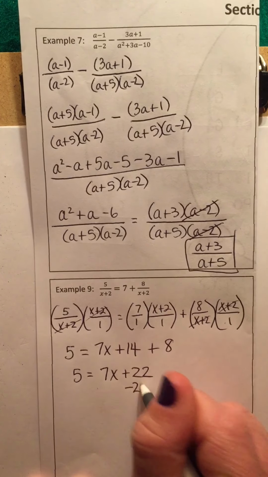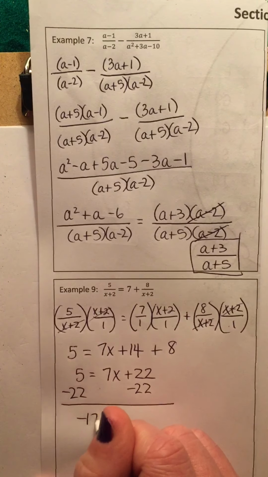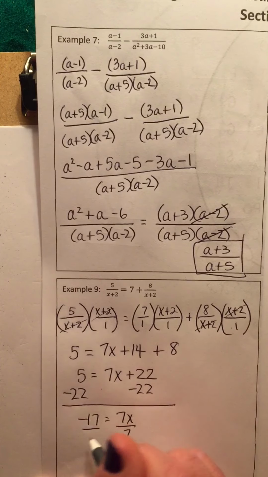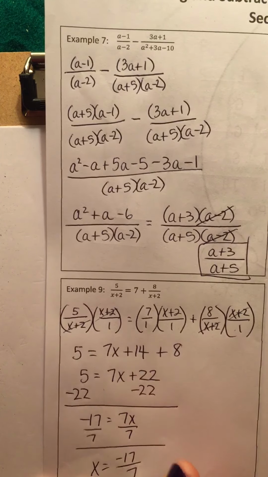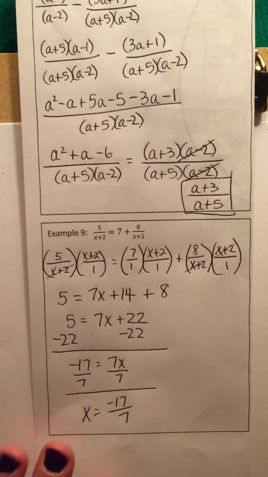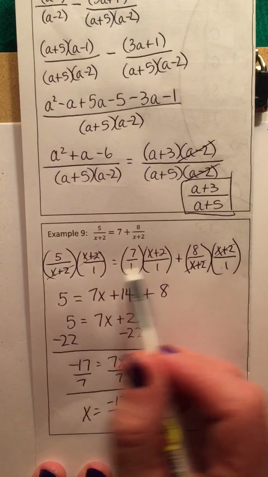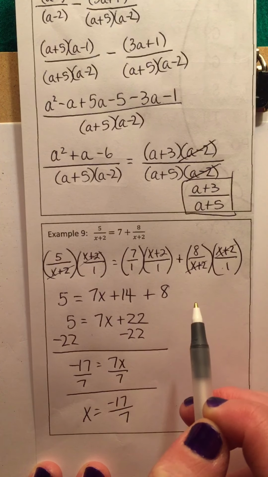Subtract 22 from both sides. Negative 17 equals 7x. Divide by 7 on both sides. X equals negative 17 over 7. By multiplying by the reciprocal, we were able to eliminate the fractions in the equation.